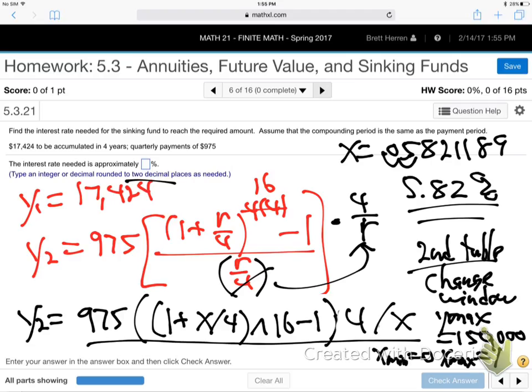So 0 to 1 for X, 0 to 150,000 for Y. See how I discovered that using table? That's what I hear from students a lot, is they'll graph, they see nothing, they don't know what to do. So does that make sense? That's what you do. Use the table. Questions I can answer? We good? All right. So there we go.